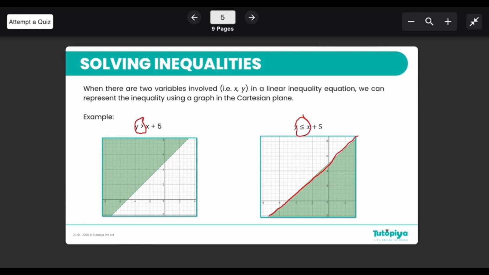If it is not including, you have to use dotted lines, as you can see here. And if it is more than, then you shade above. If it is less than, then you shade below. These are the things you have to take into mind when you are shading.